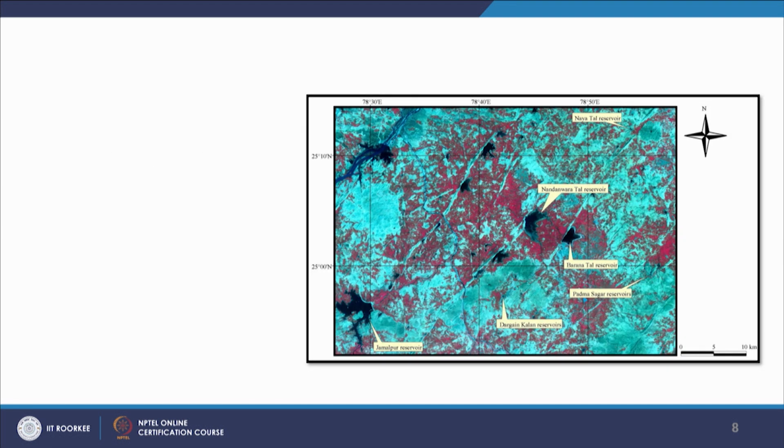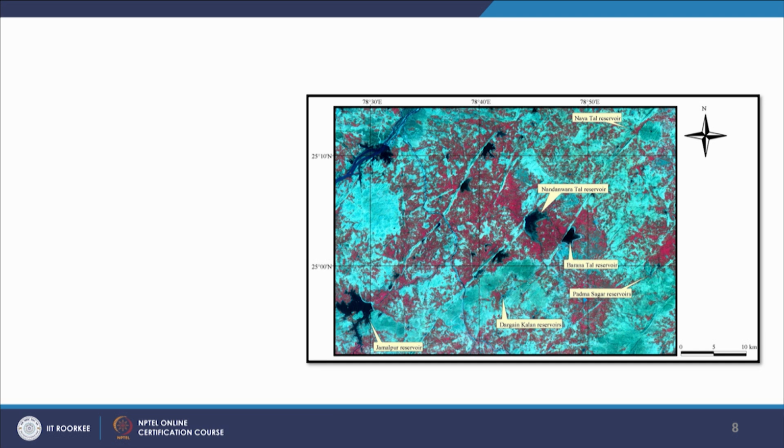Again, this figure has come. One important statement I would like to make: it is a famous saying that a picture tells 1,000 words, but let me add one more phrase, that a satellite image tells 10,000 words. That is why this image is coming again and again; as you analyze this image more, more interpretation and inferences are made, and you get much more in-depth information about the area.